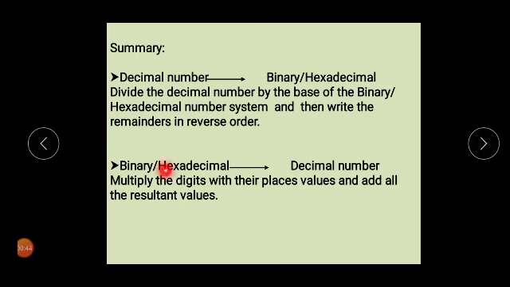Now for binary or hexadecimal number to decimal conversion, we multiply the digits of the binary or hexadecimal number with their place values and then add the resultant values together to get the decimal number.